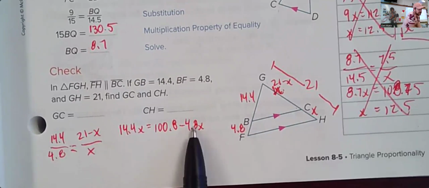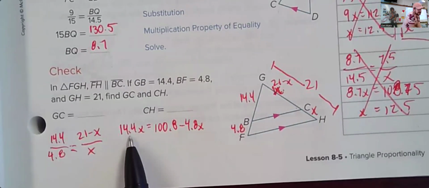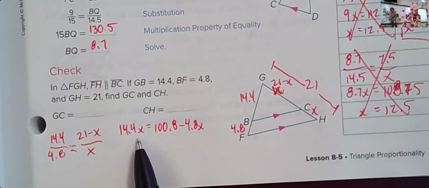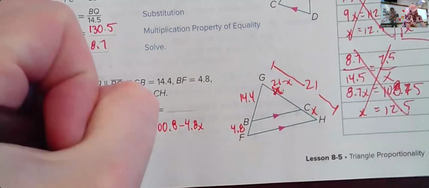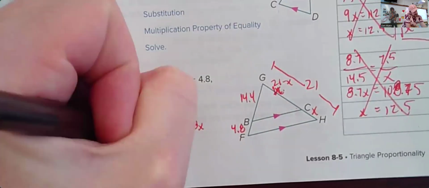Then we can add 4.8X to both sides to get the X's all on the same side. So what's 14.4 plus 4.8? 19.2. Good.